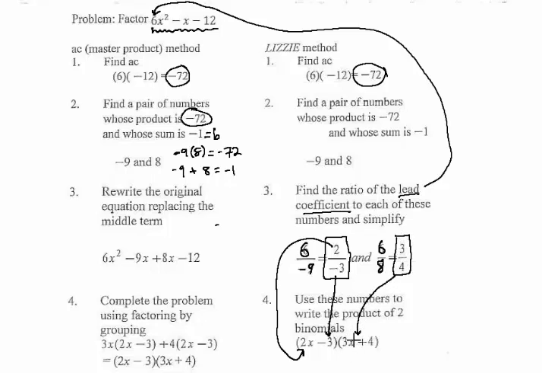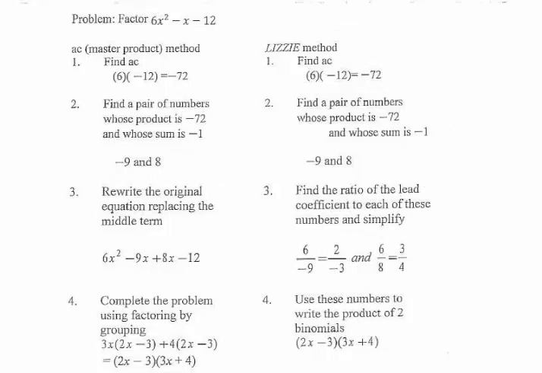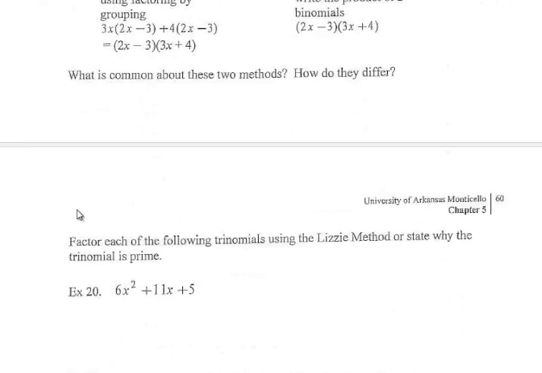The top number 3 goes in front of the x variable, and then we simply add the bottom number off to the side. Either way you go, you get the two factors, 2x minus 3 and 3x plus 4. So we'll move on to the next page and try our hand at this new method of factoring.